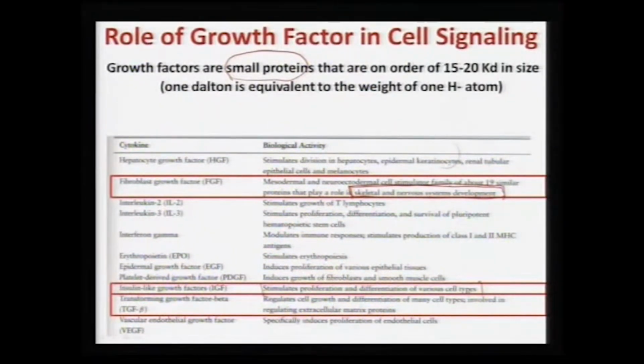As you can see, in the context of cell fate processes, IGF is more important because it facilitates cell proliferation and cell differentiation. Transforming growth factor beta regulates cell growth and differentiation of many cell types, and is involved in regulating extracellular matrix proteins.